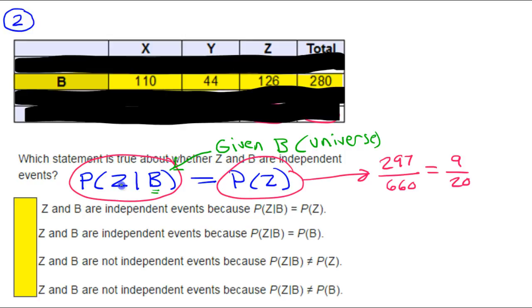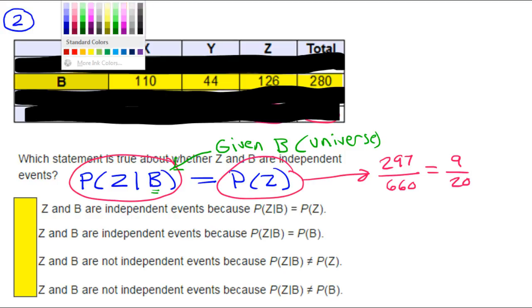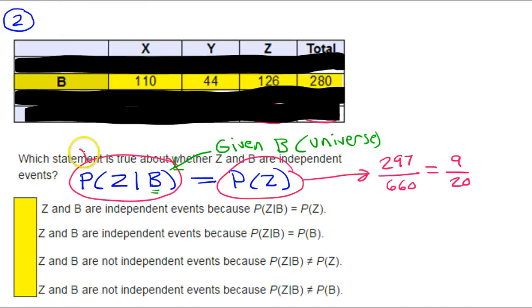Now, given universe B, we're going to calculate the probability of Z again. This is still target over total, the Z's divided by the total.